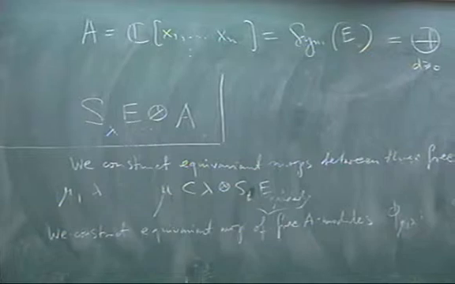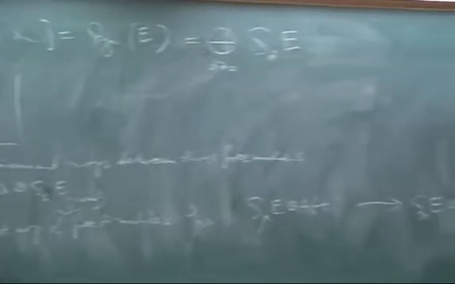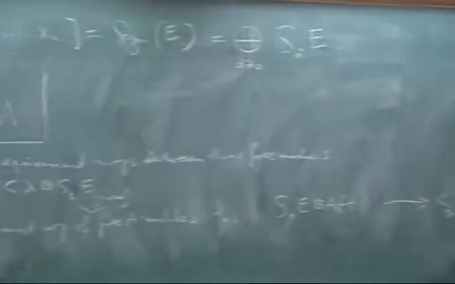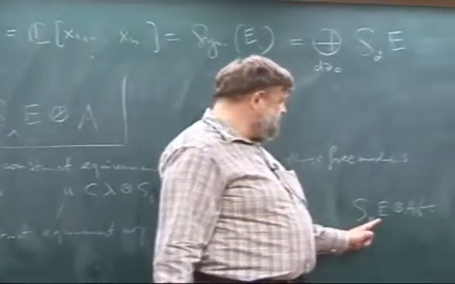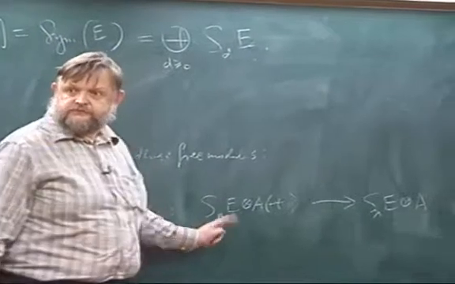So you know, this is a map of free modules, right? So what do I need to do? I need to tell you what the images on the generators are, right?